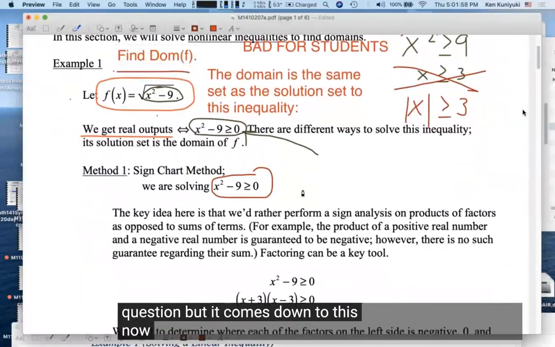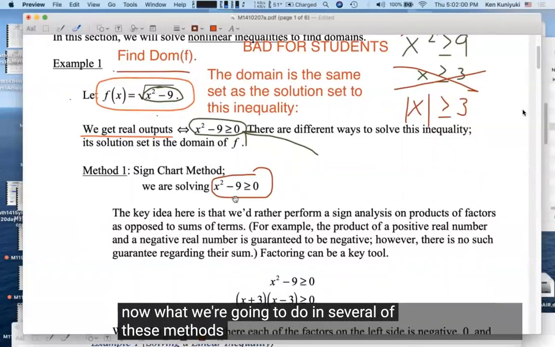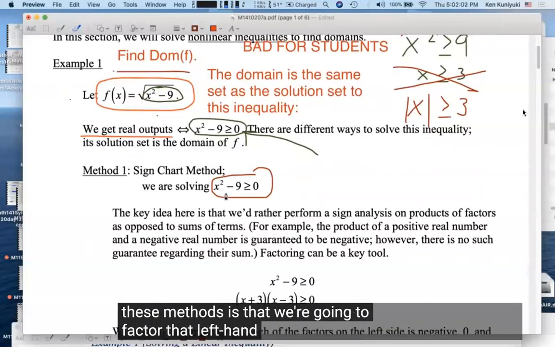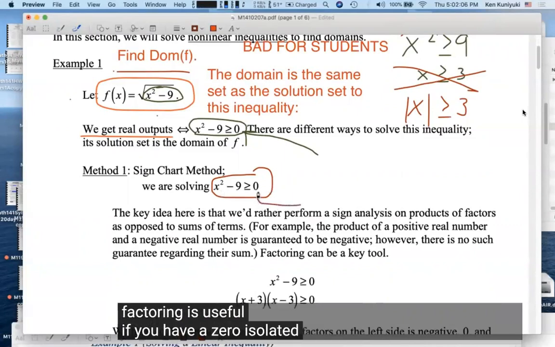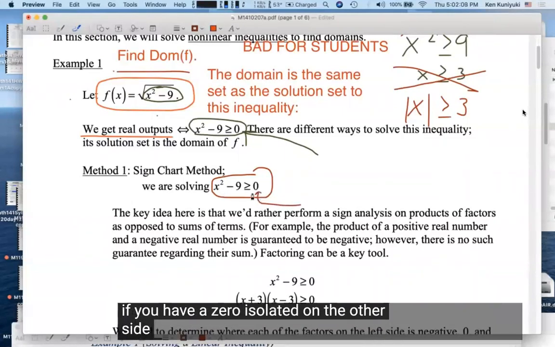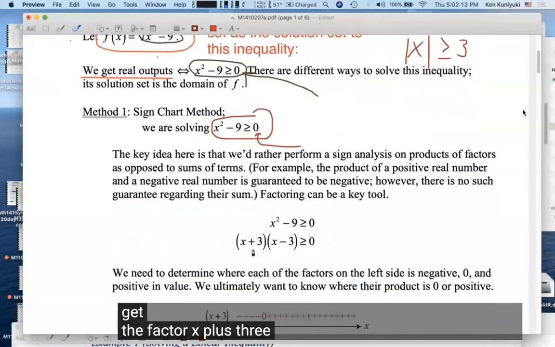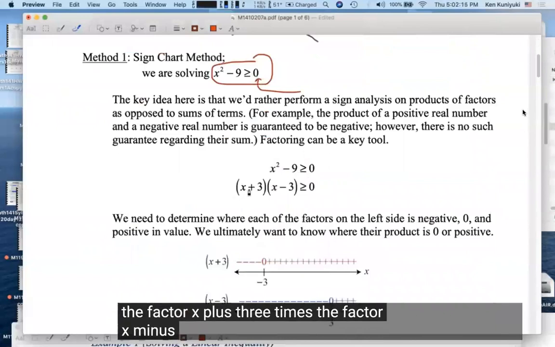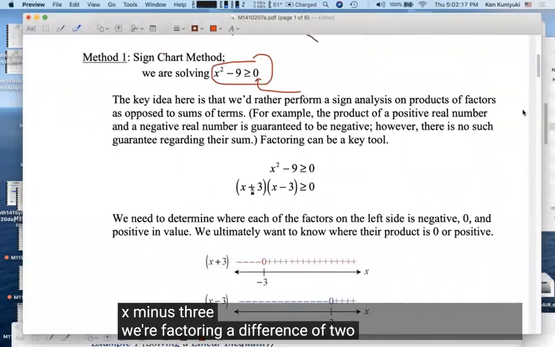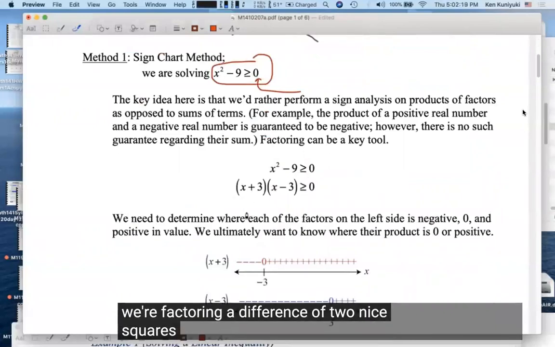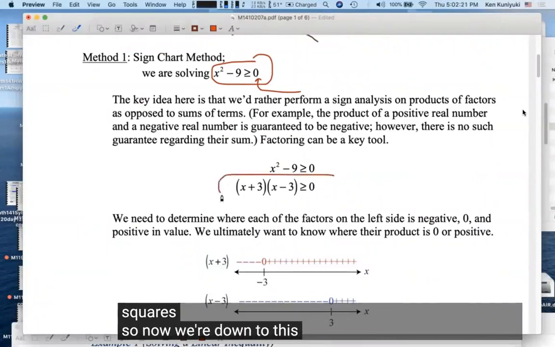Now, what we're going to do in several of these methods is factor that left-hand side. Remember, factoring is useful if you have a 0 isolated on the other side. When we factor x squared minus 9, we get the factor x plus 3 times the factor x minus 3. We're factoring a difference of two nice squares. So now we're down to this.